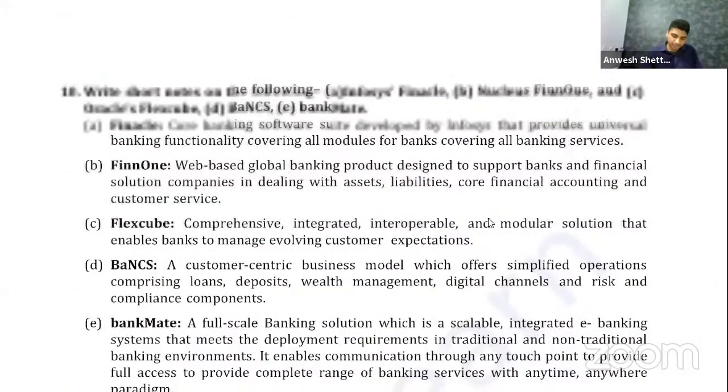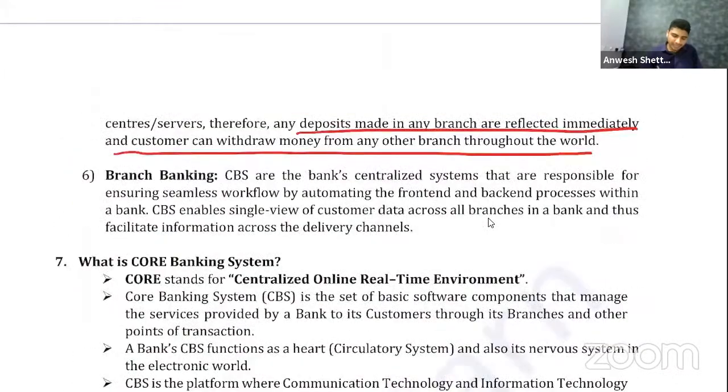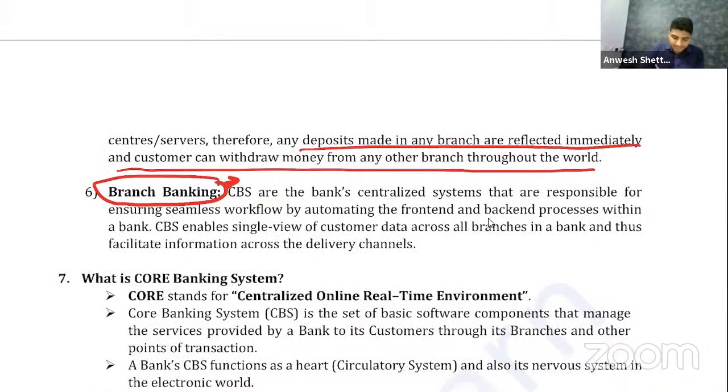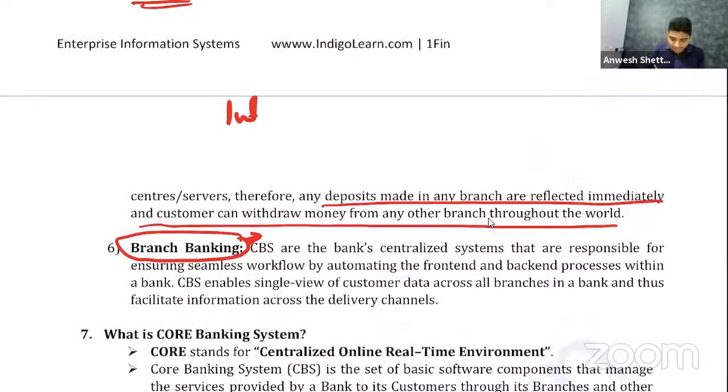Next, let us talk about branch banking. Now, there is a separate software module called branch banking, using which bank employees can access this central server. Okay. So, see, now what is the difference between internet banking and branch banking?